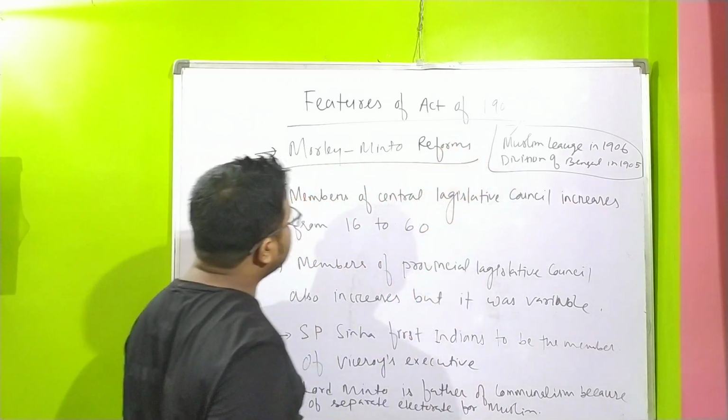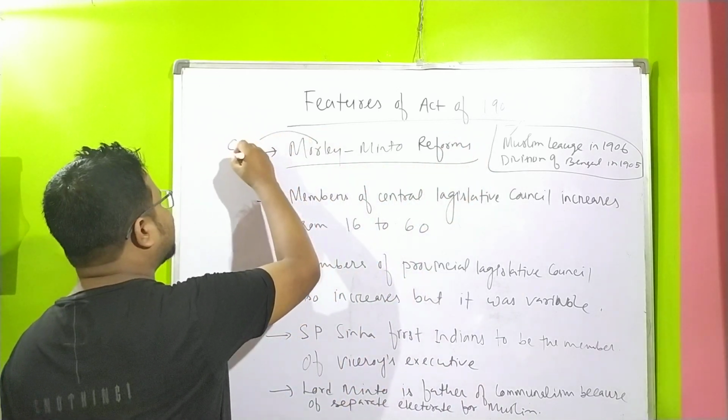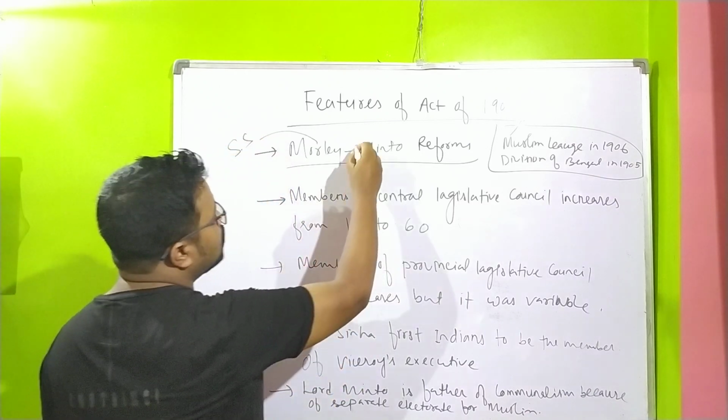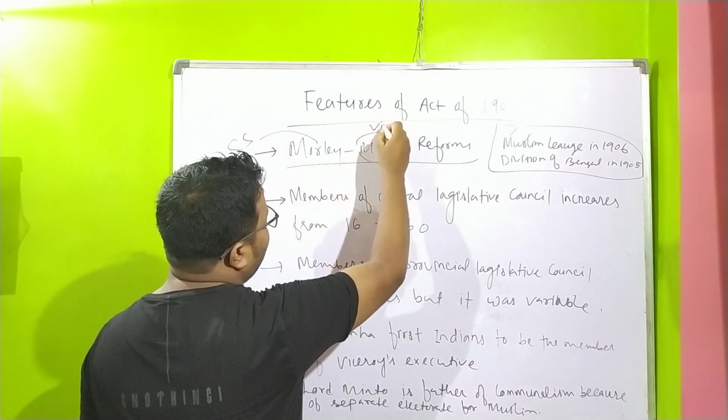This act is also said to be the Morley-Minto reforms. Morley was the Secretary of State, and Minto was the then Viceroy.